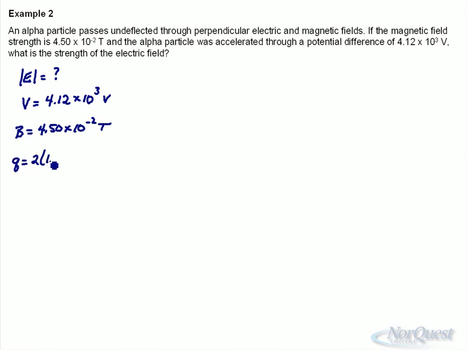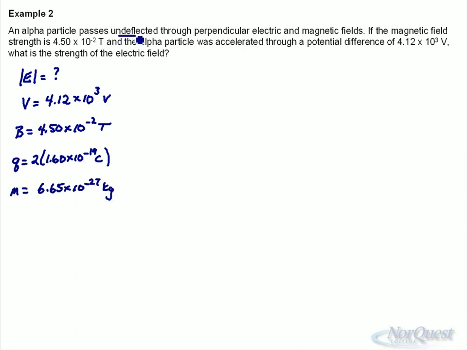It's 2 times the elementary charge, which is off my data sheet. And I also know the mass, which is right at the top of your sheet, 6.65 times 10 to the negative 27 kilograms. So that's all the information I have.